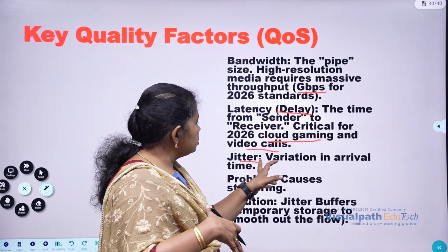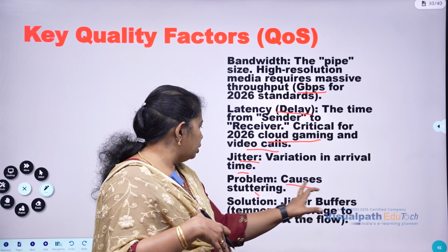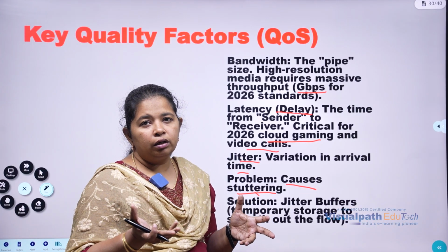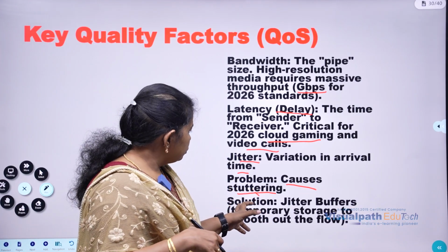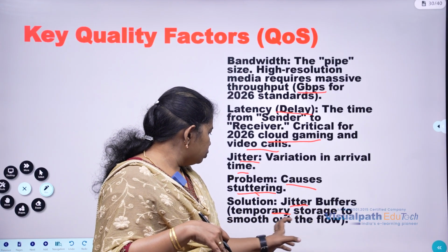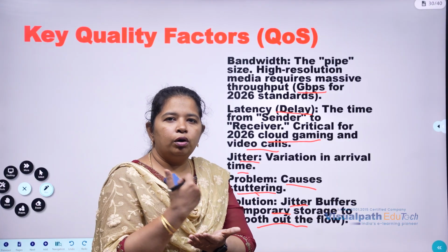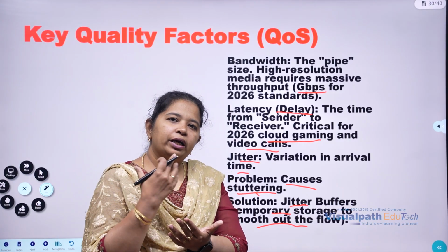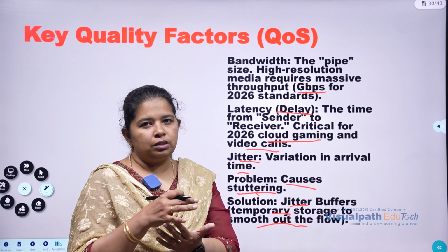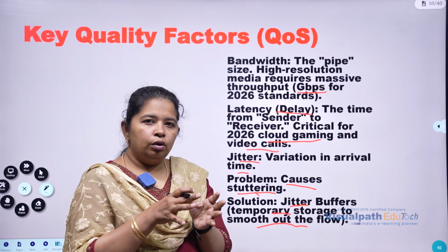And jitter means a variation in arrival time, and the problem is that it causes stuttering, so data will be lost. The solution is jitter buffers, a temporary storage. When the video is coming online, if the data packets are not received, we won't get the flow of information. So we need to buffer the data.